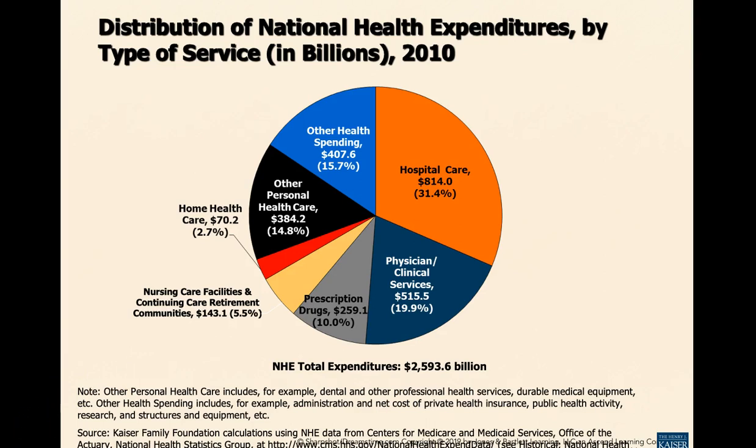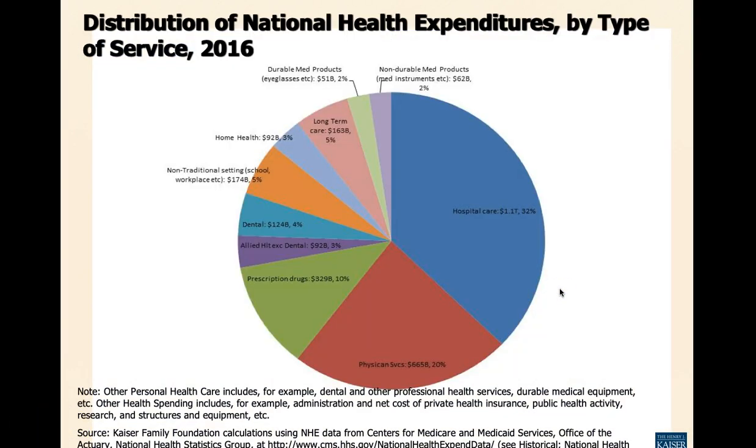Also, in 2010, when added together, hospitalizations and payment for physicians and clinical services comprise a little bit more than half of the total expenditures for healthcare in the United States. So this is about 51% of the total expenditures went to either hospitalization or payments to physicians.